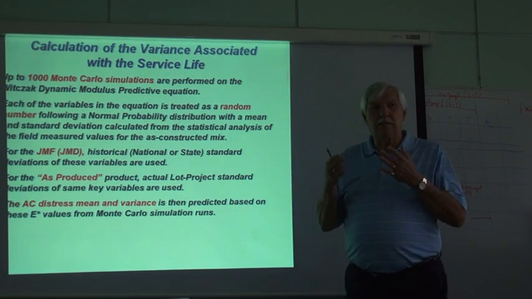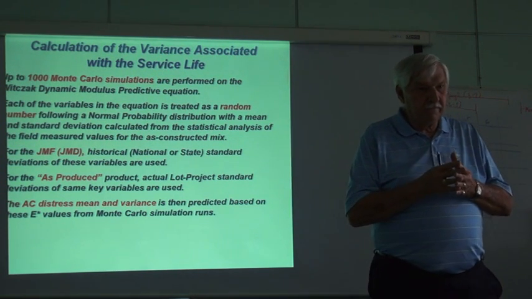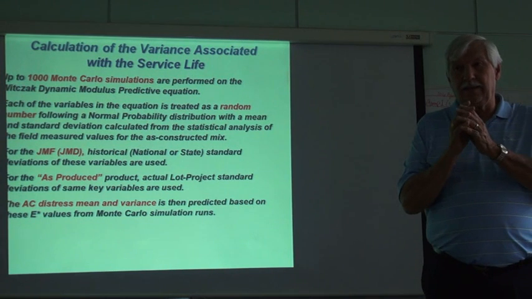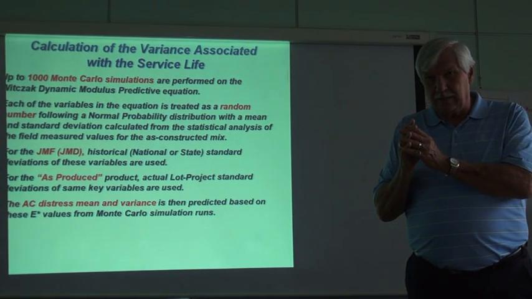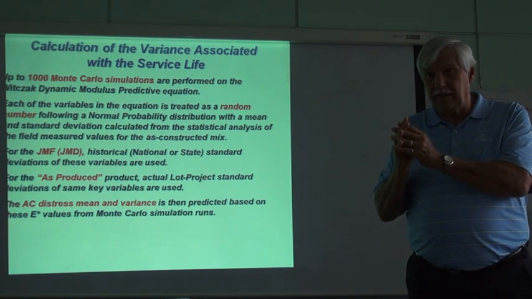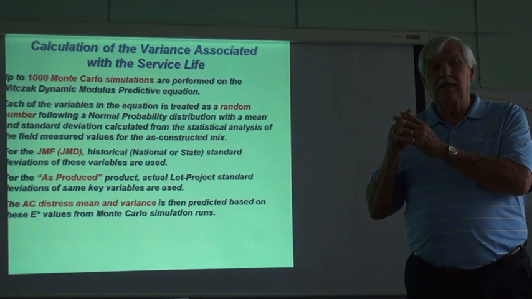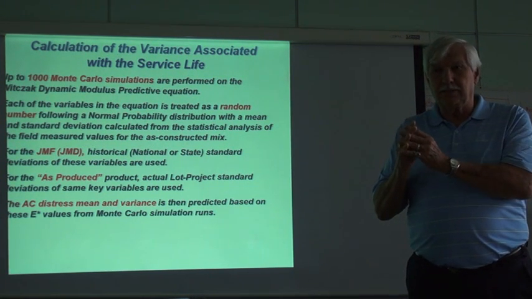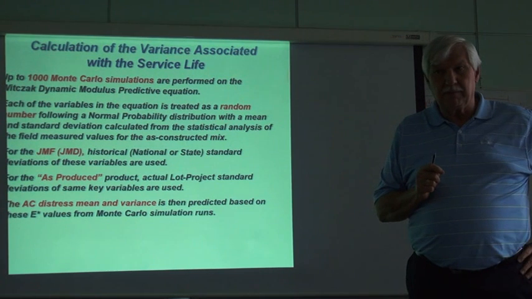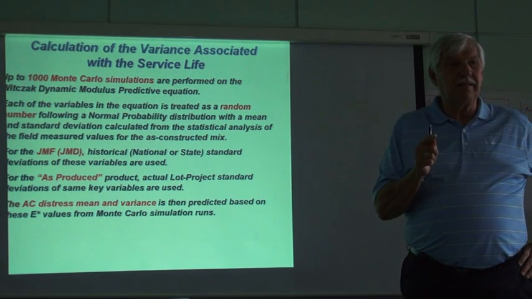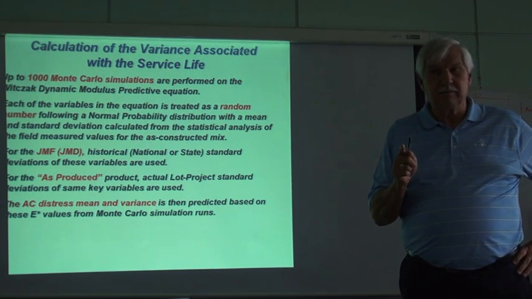So the thing is, with the job mix design, we can use historic variabilities, historic standard deviation, historic variances associated with each one of the variables. You guys should be able to dig that out if you do not have it.